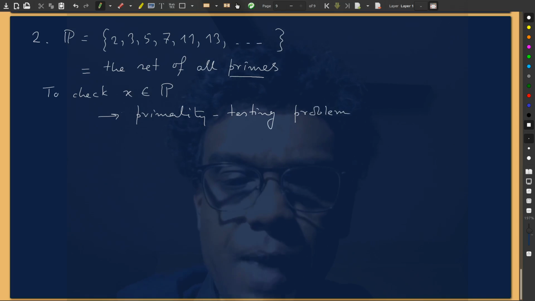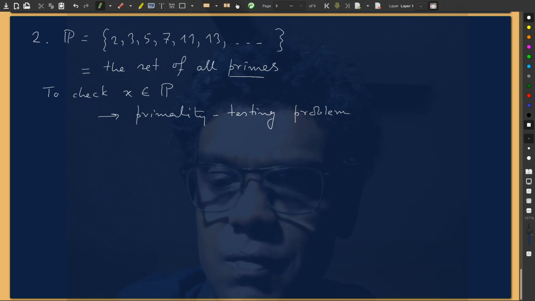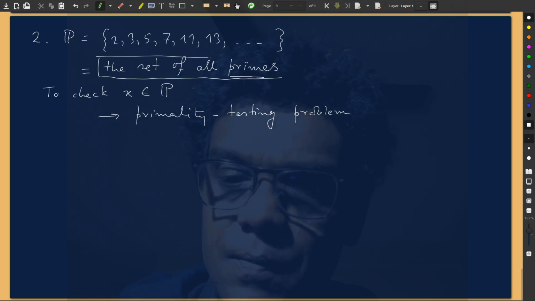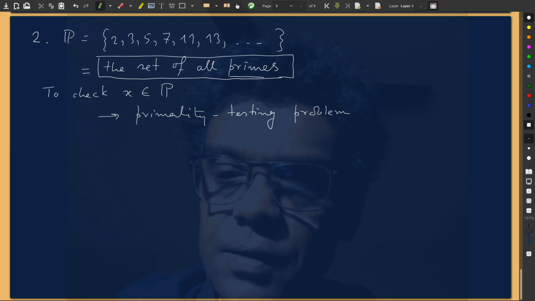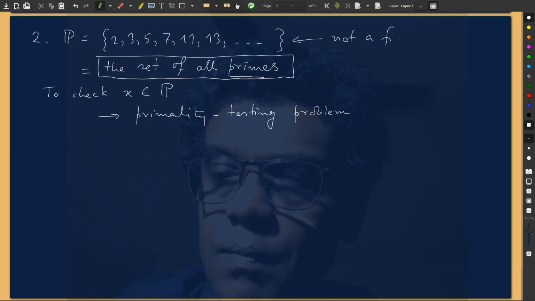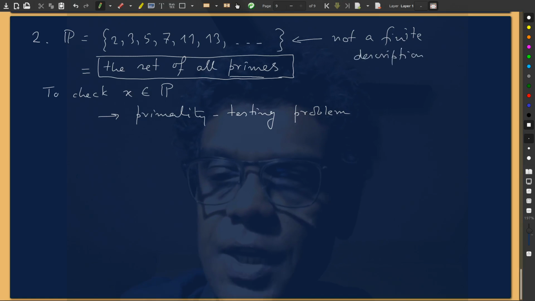Okay, so how can primes be defined? Using rules. We will not do it now, but at least we have an English language short description of this. But this is not a finite description, once again, because it uses this ellipsis.